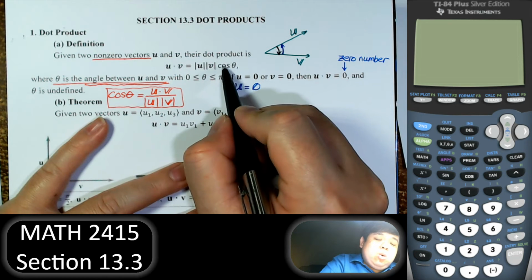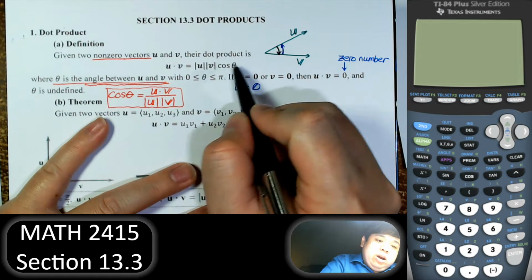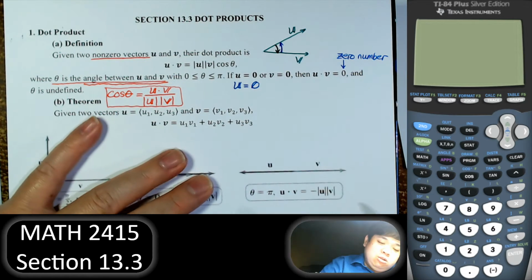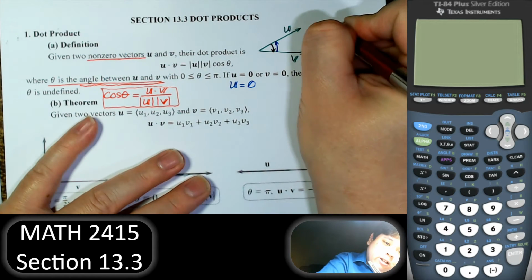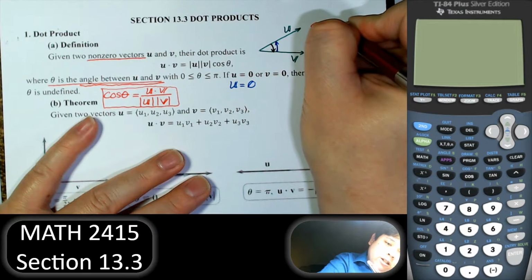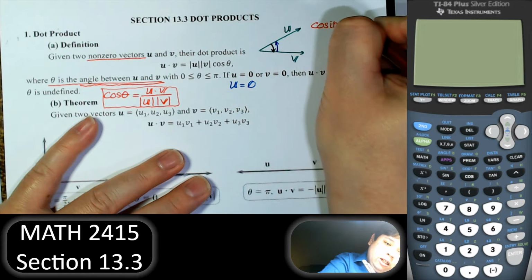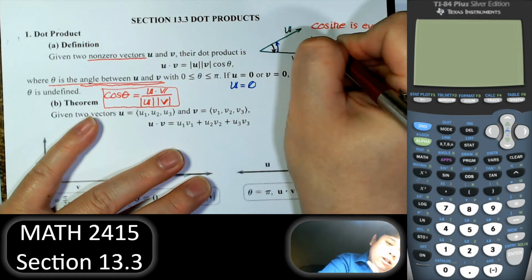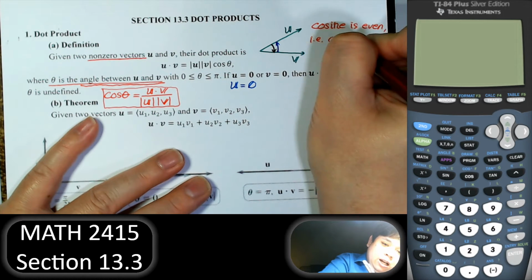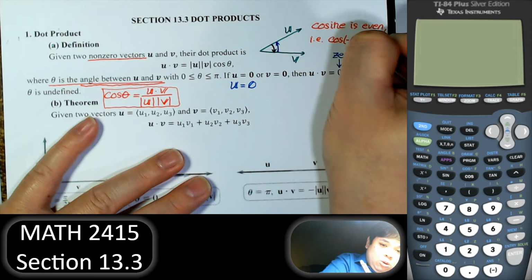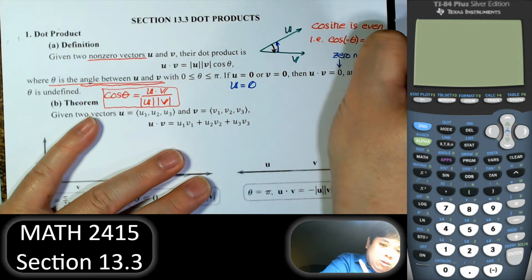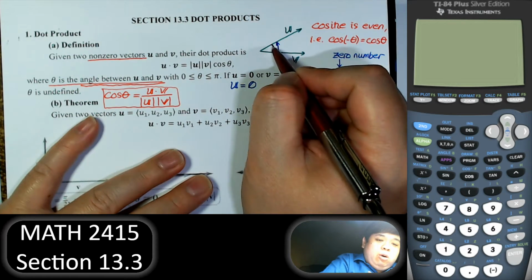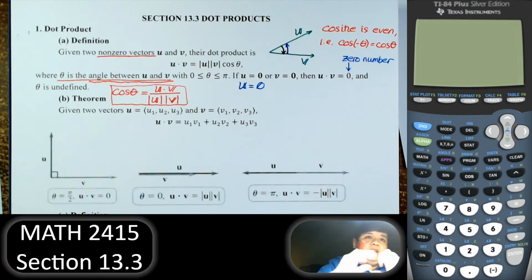But since cosine is an even function, whether we have cosine of theta or cosine of negative theta is still the same. By definition, cosine of a negative angle is the same as cosine of a positive angle. So in that case, it doesn't matter if it is from u to v or from v to u. It's just an angle in between.